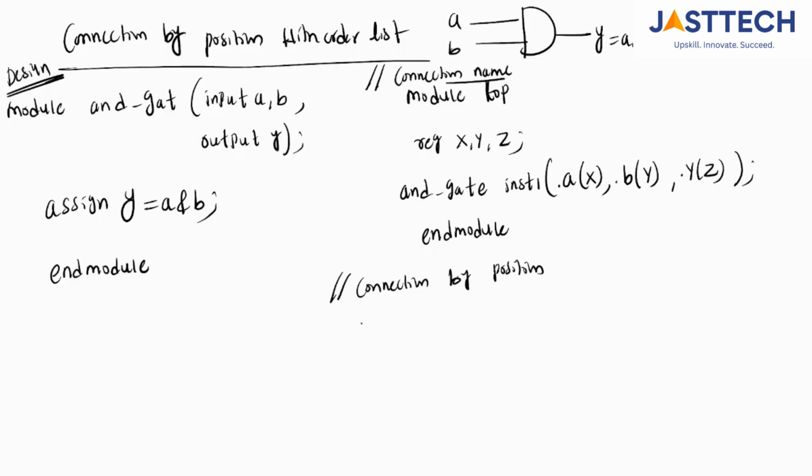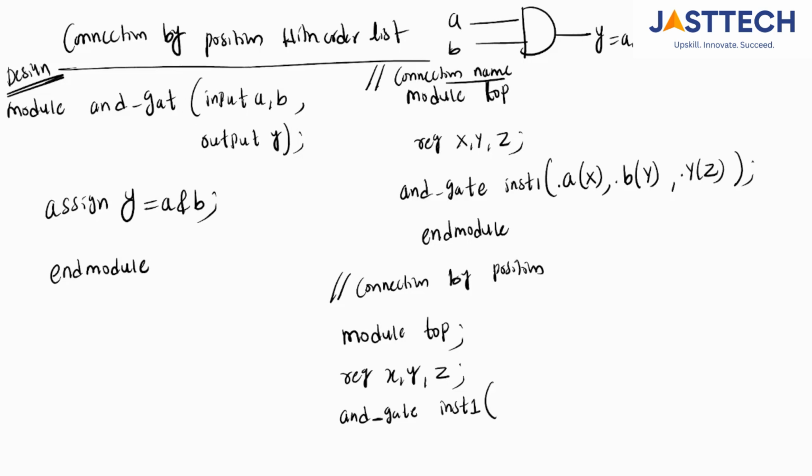Similarly, here, connection by position with order list, how I am writing: module top. I can declare wire or reg data type. I am using reg data type x, y, z. I am instantiating this design: and_gate is my design name followed by instance name inst1; you can keep dut or uut.